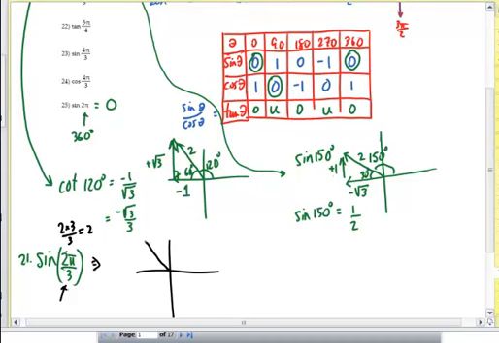And we know 2 radians is in quadrant 2. So this is the angle 2π/3. We know that this angle here is 60 because of the 3 in the bottom. So we end up having √3, -1, and 2. So our sine of 2π/3 is going to equal √3/2.